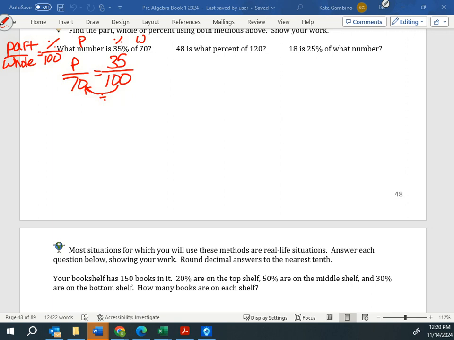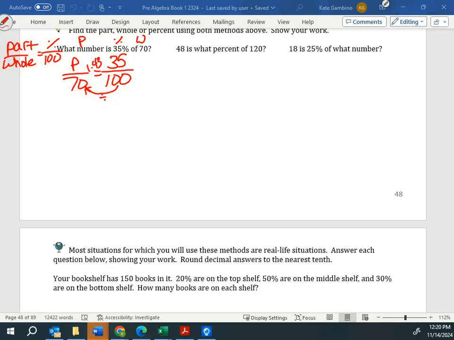No, it isn't. 1.7. 100 divided by 70, 1.42, 1.43. Yeah, 1.43, if we're rounding. Yep, and we need to round correctly.